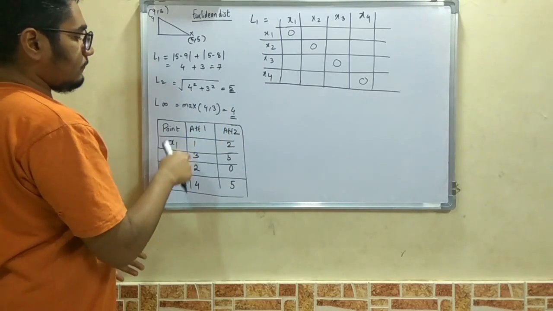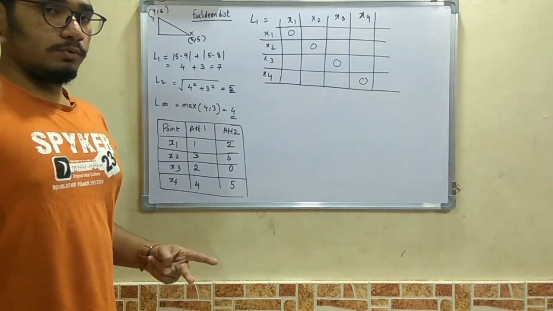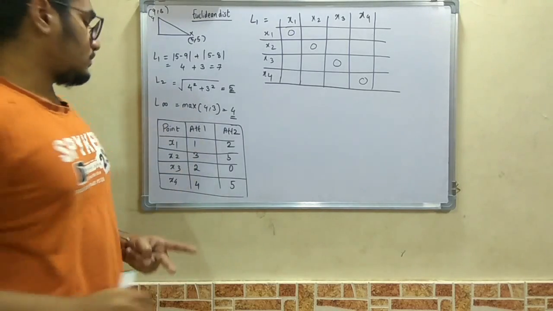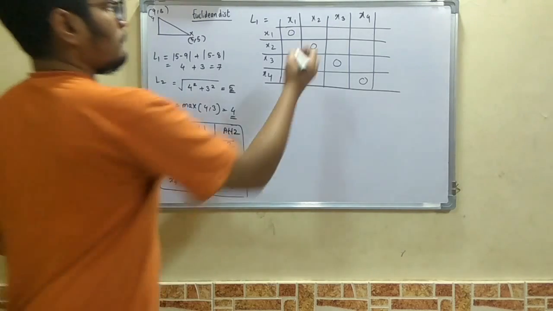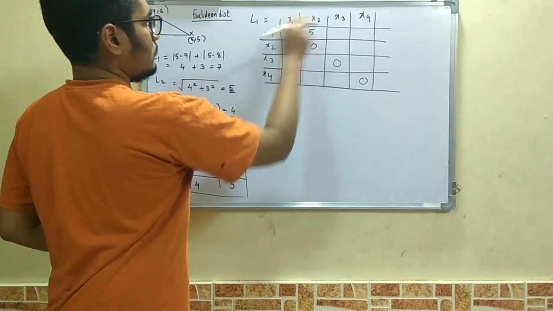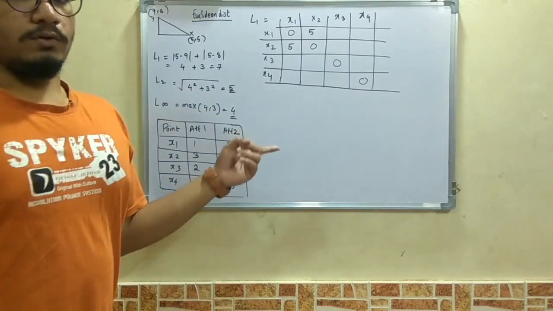So we can go one by one. The distance between x1 and x2: 1 minus 3 is 2. Everything is in mod, so you need not worry about the sign conventions. 2 plus 3 is 5. So x1, x2 is 5, and you can write 5 here also.